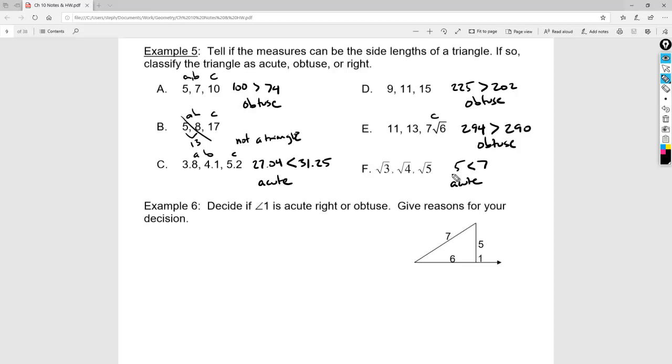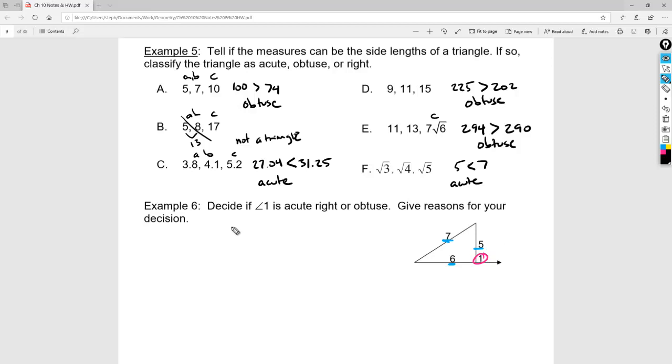Alright, now last example. They want us to determine if angle 1 here is acute, right, or obtuse. Now this is a little bit confusing in the way that they wrote this, but the side lengths of this triangle are 5, 6, 7, and then the angle measure is named 1. Okay. So we have a 5, 6, 7 triangle.